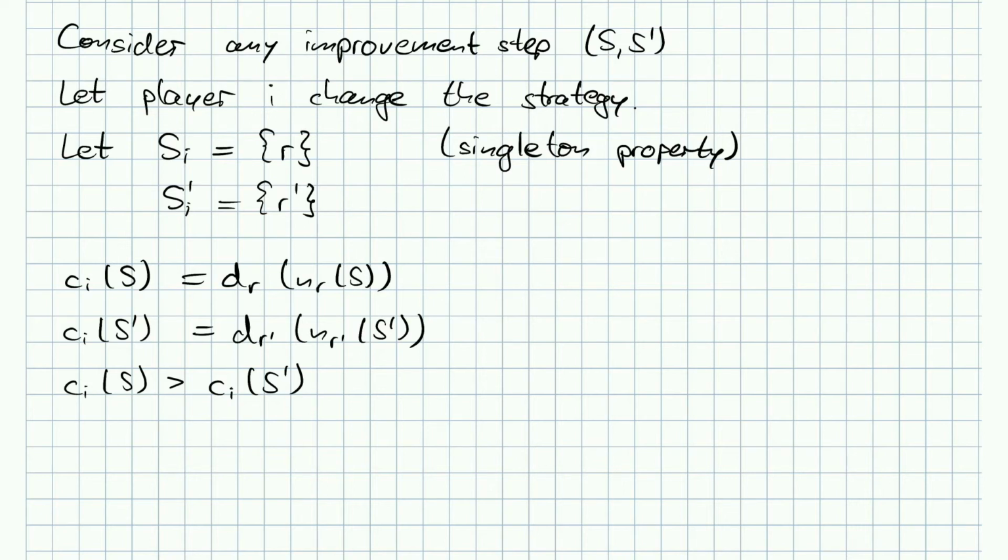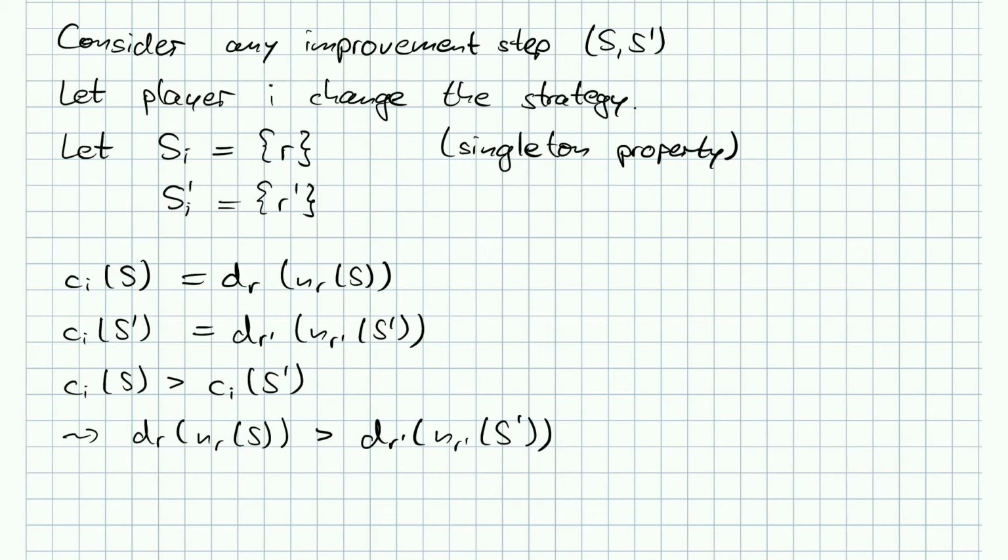What else do we know? We know that d_r of n_r of S therefore has to be bigger than d_r prime of n_r prime of S prime, because this is how things are defined. This is just a simple consequence of what's written above.